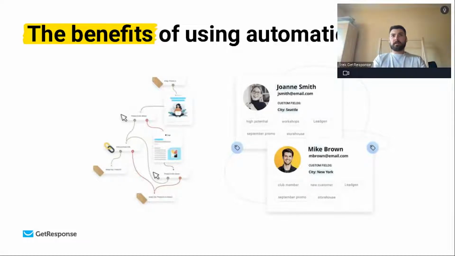If I were to say why it's a good idea to start using automation, I would say this is the most important reason. Suddenly you know more about your audience, you know more about the people on your list, and you can become a better marketer. So yeah, this is the main reason in my case.